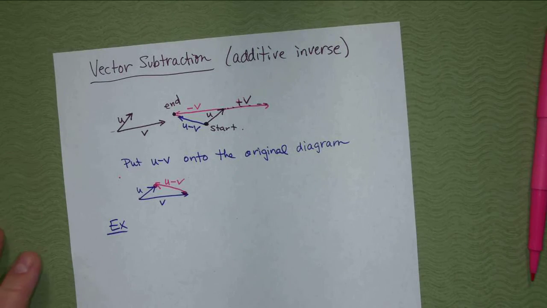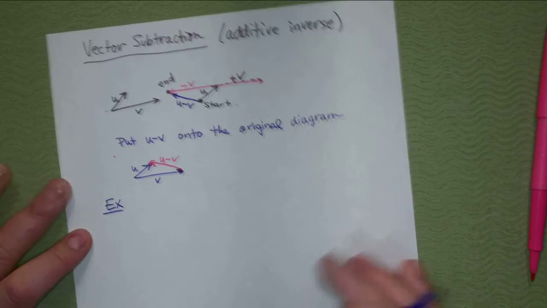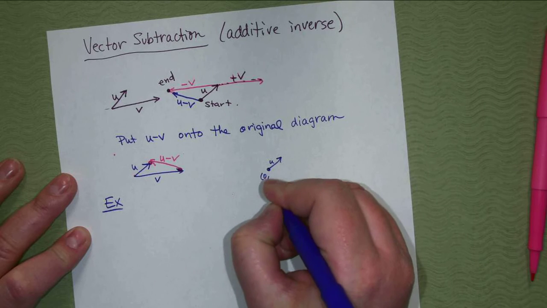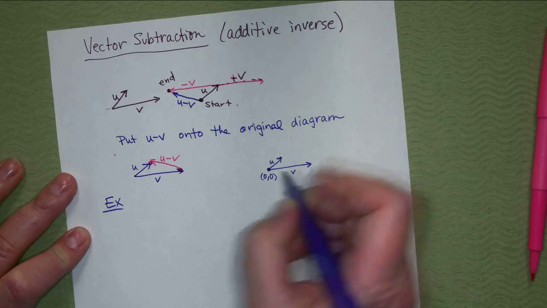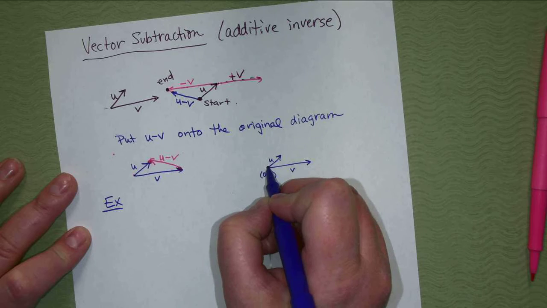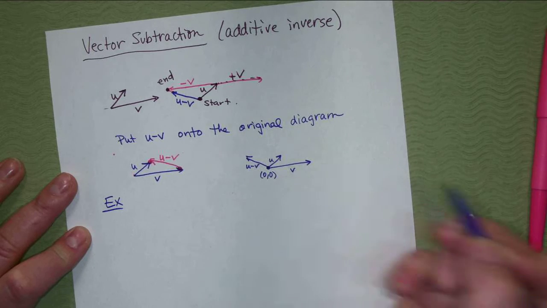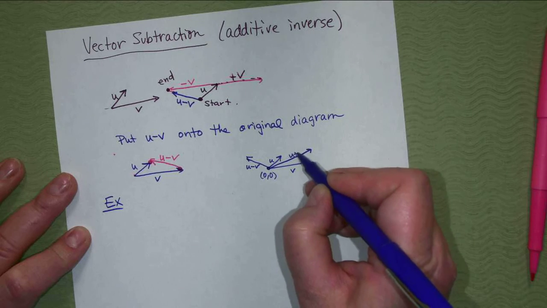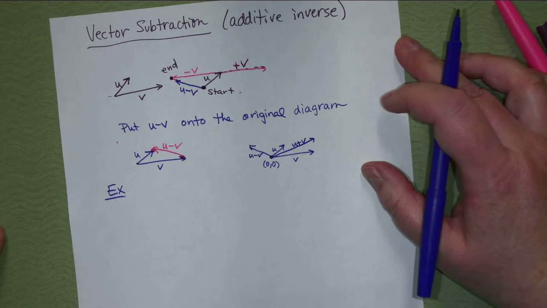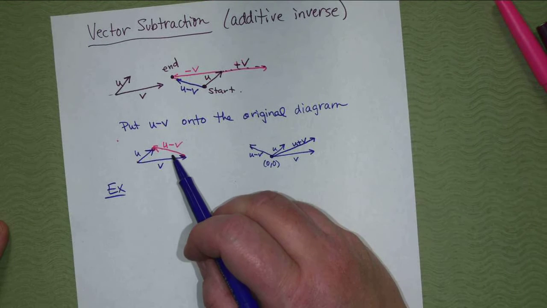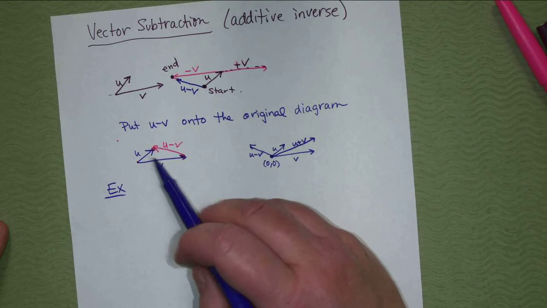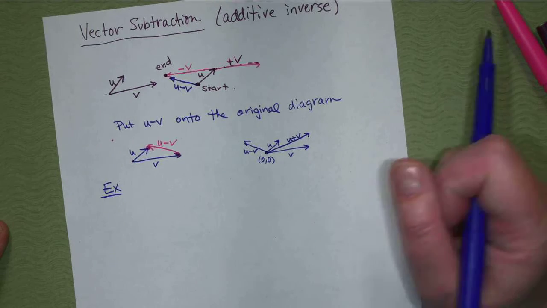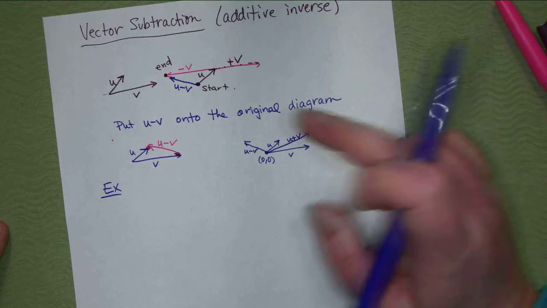If I put all three of these vectors in standard position, U, that means starting them at (0, 0), V, and U minus V, and U plus V, that one is not in standard position. If you want it to be on the picture as a triangle, you have to pick it up from the standard position and move it there. So its start and end points are actually at the tips of U and V.